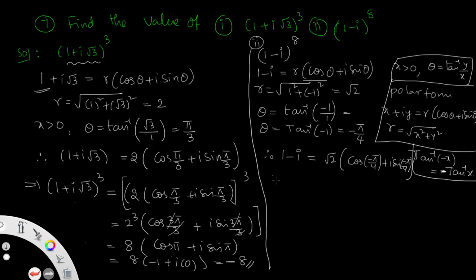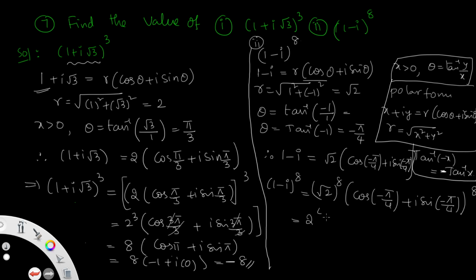So 1 minus i whole to the power of 8 is nothing but root 2 to the power of 8 into cos of minus pi by 4 plus i sin minus pi by 4 whole to the power of 8. Root 2 to the power of 8 is 2 to the power of 1 by 2 whole to the power of 8, that is 8 by 2, nothing but 2 power 4. Now cos of minus theta is cos theta.